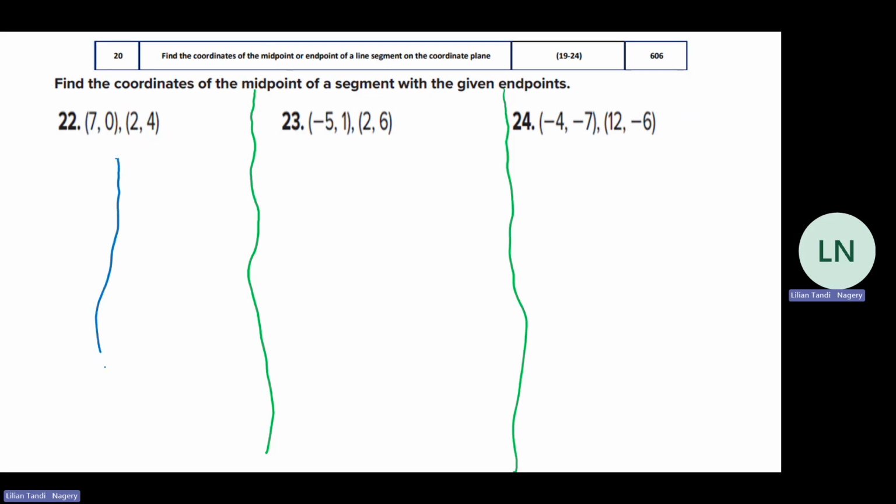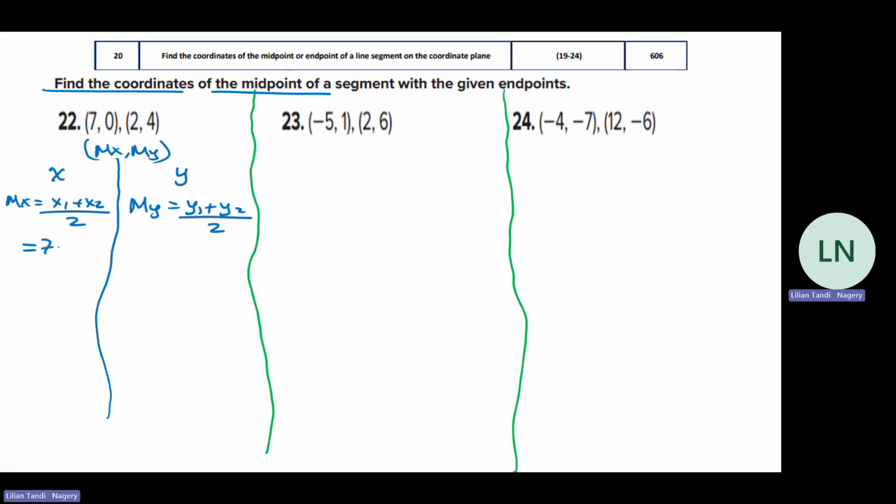Okay. All right. So you want mx, my. That's what I want. Find the coordinates of the midpoint. Okay, so here I'm going to do my x's, here I'm going to do my y's. Mx equals x1 plus x2 divided by 2. My equals y1 plus y2 divided by 2.